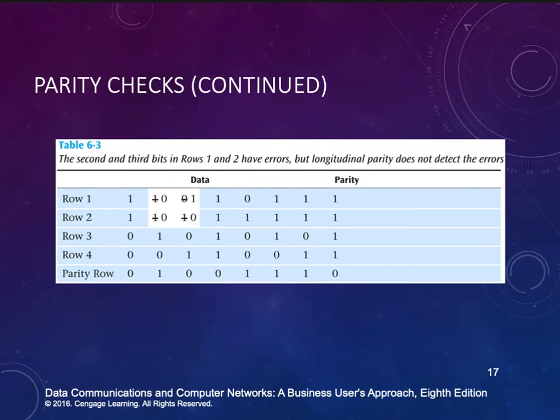In the event there is an error, in this case the second and third bit for rows 1 and 2, longitudinal parity does not detect the error. So in this case this is even, this is odd, the second one is odd, the third one is even, and so on.